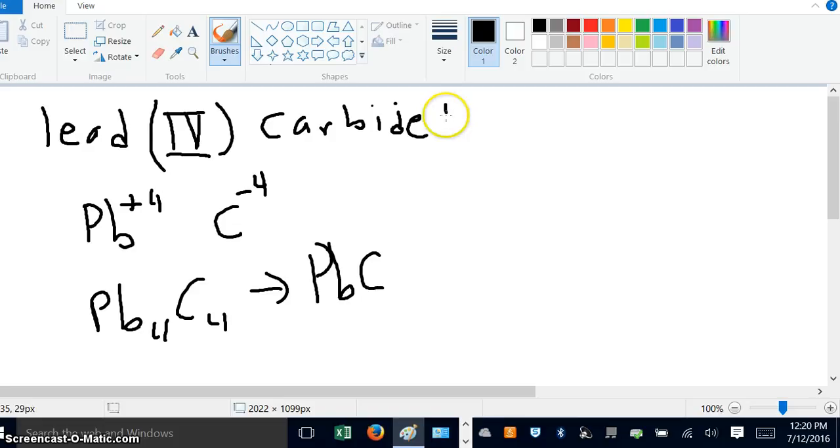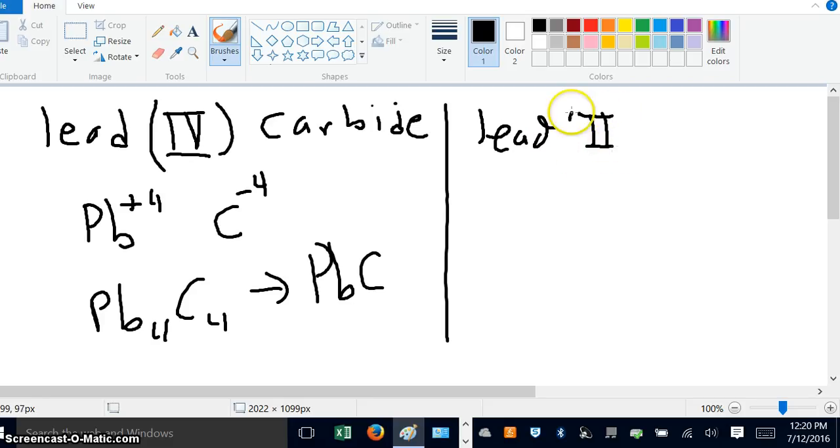Let's do one right next to it. How about lead 2, just to show you how different these can look. Remember, we have to put the Roman numeral in parentheses. Lead 2 carbide.